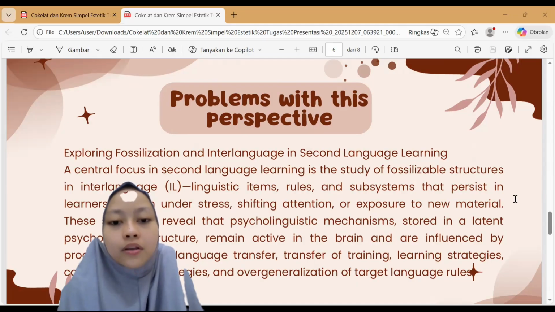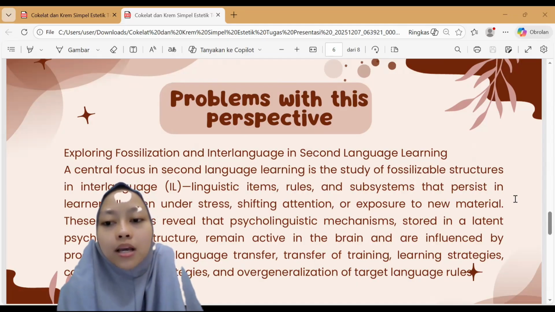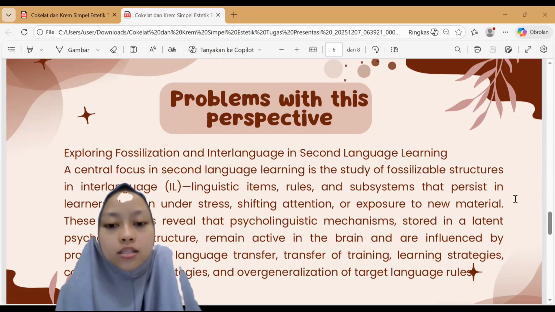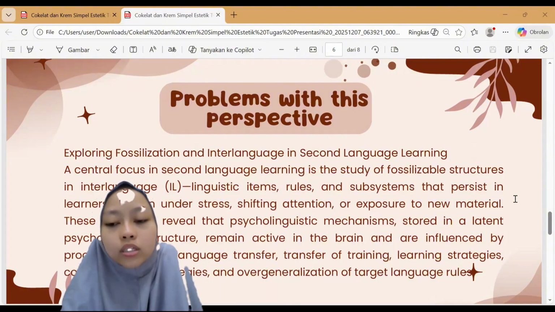These structures reveal that psycholinguistic mechanisms stored in a latent psychological structure remain active in the brain and are influenced by processes such as language transfer, transfer of training, learning strategies, communication strategies, and overgeneralization of target language rules.